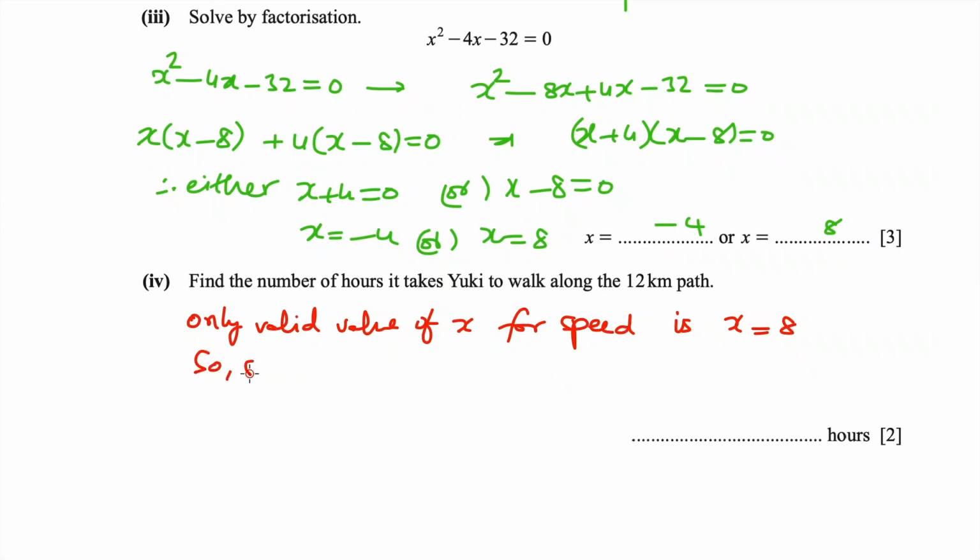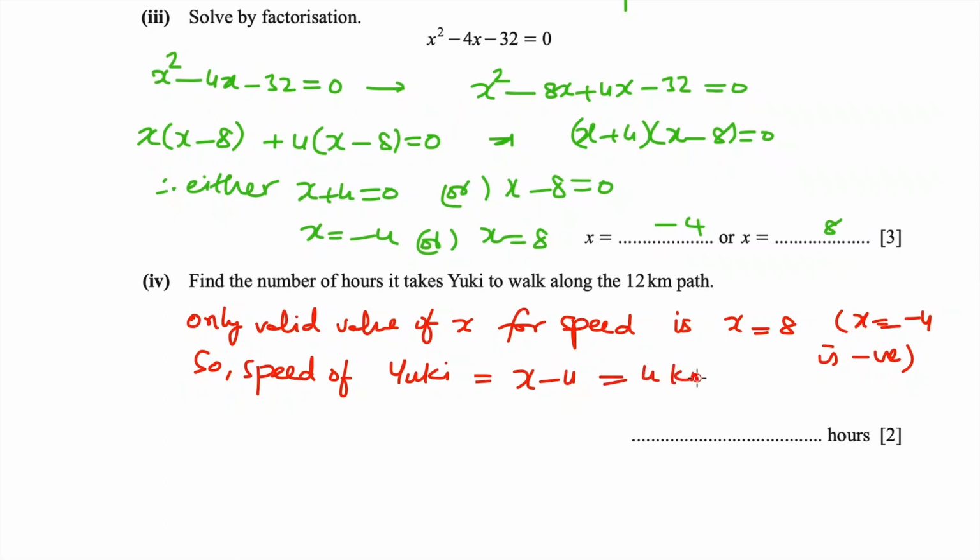So speed of Yuki, x is equal to minus 4 is negative, and it cannot be possible, right? So only the value x is equal to 8 is possible. So the speed of Yuki is equal to x minus 4, which is 4 km per hour. So therefore time taken is 12 by x minus 4, which is 12 by 4, which is 3 hours. So the correct answer is 3 hours.